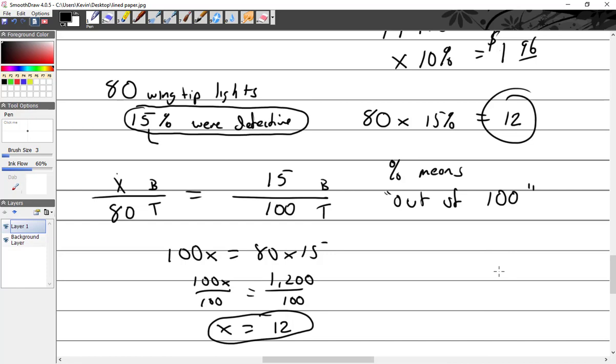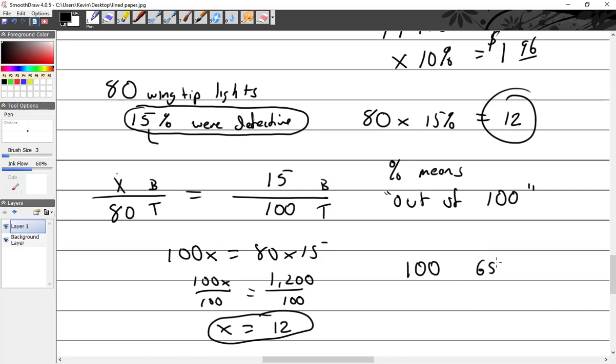All right. Get the idea? Okay. Can you use that trick all the time? The 80 times 15%? If it's something that simple, yeah. So if I have a 100 horsepower engine on my aircraft, and if I'm cruising at 65% power, how many horsepower am I using?